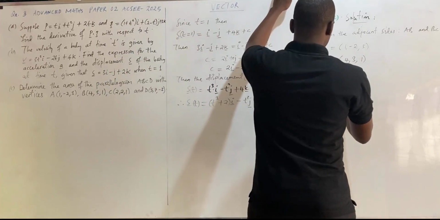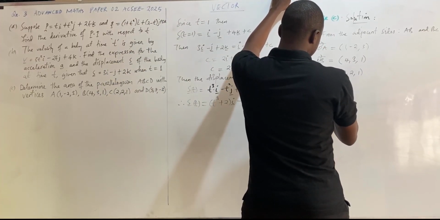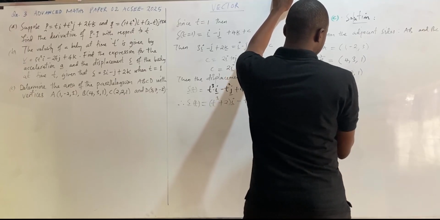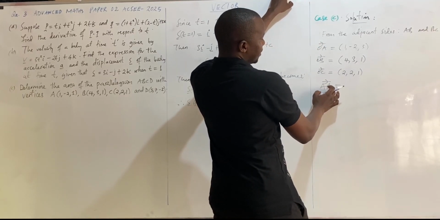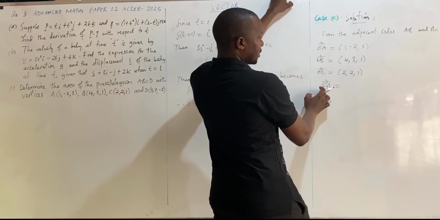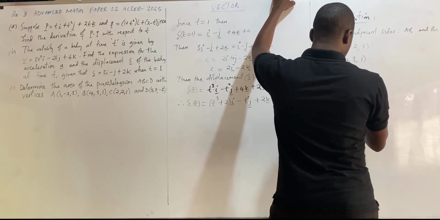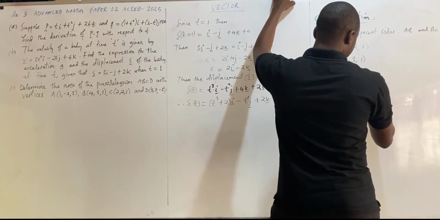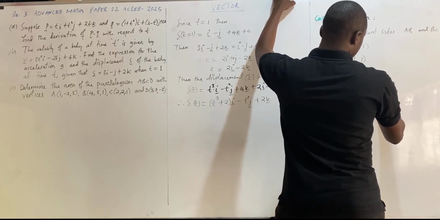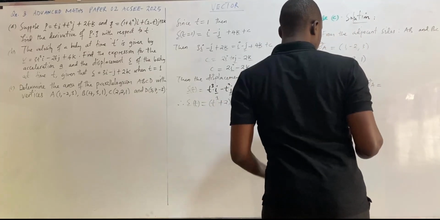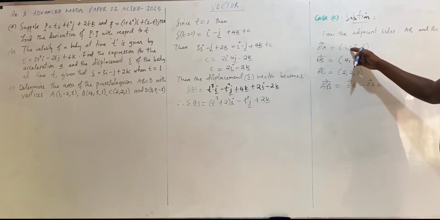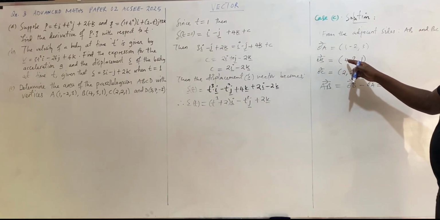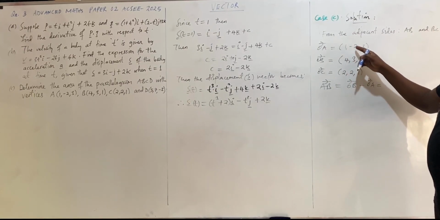So how do we find the vector AB as adjacent side? We take the position vector B minus the position vector A. So it's a matter of saying OB vector minus OA vector. It's like taking this minus that one: x value to x value, y to y, and z to z.